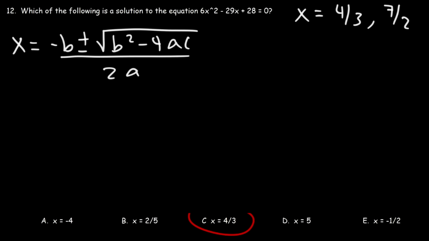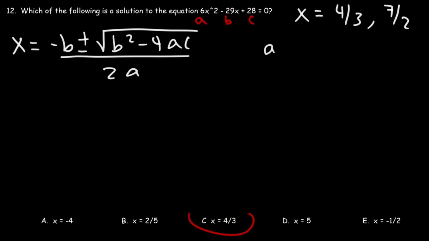Now, you need to know that a is equal to 6, b is negative 29, c is 28. The equation is already in standard form.